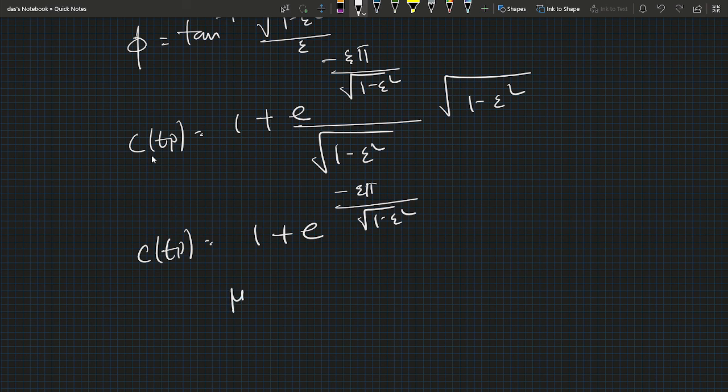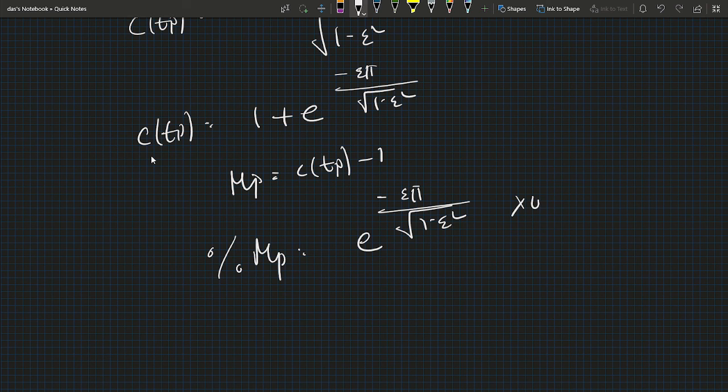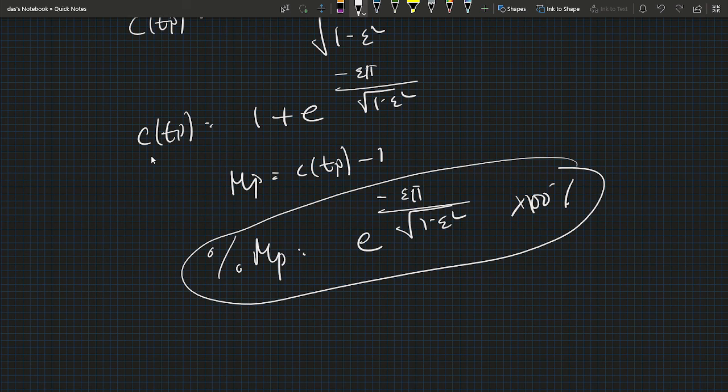Now what is the value of Mp? Mp is the output at peak time minus 1. So if we compute this, Mp is basically e to the power minus zeta pi divided by root 1 minus zeta square. Now this is a percentage value. This is our final expression of peak overshoot, e to the power minus zeta pi by root 1 minus zeta square.